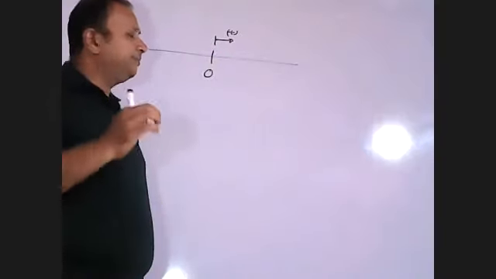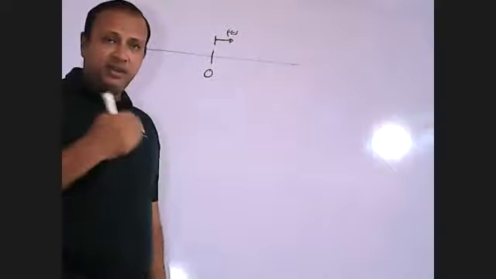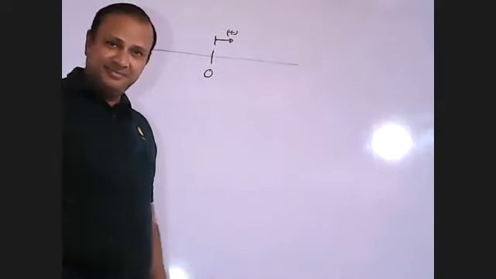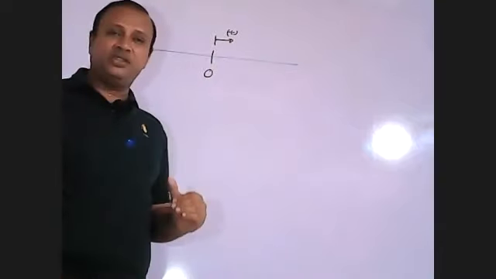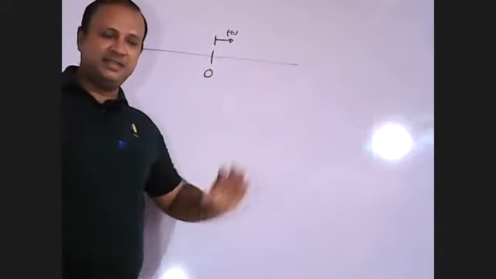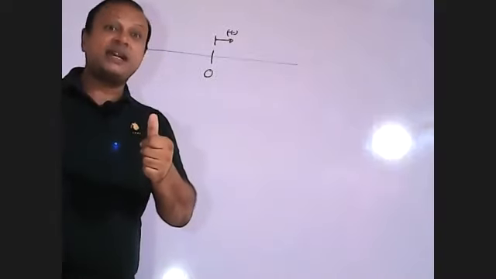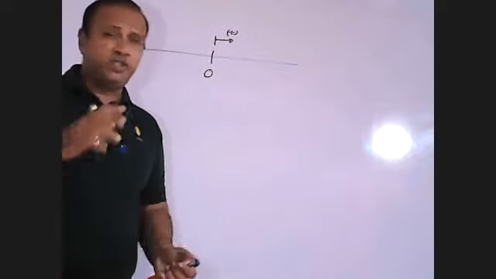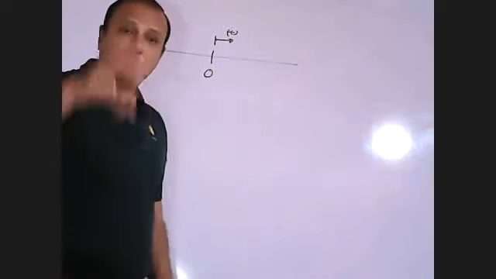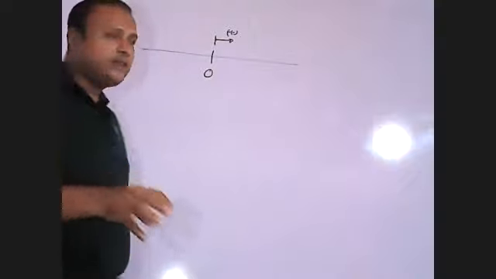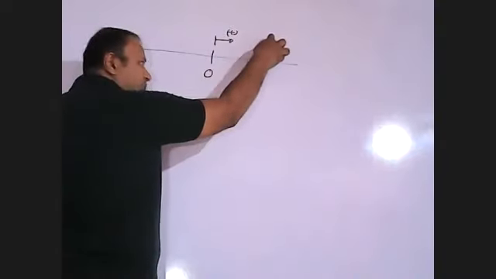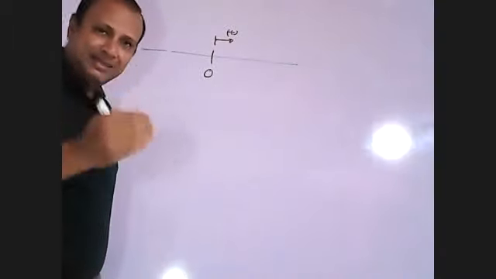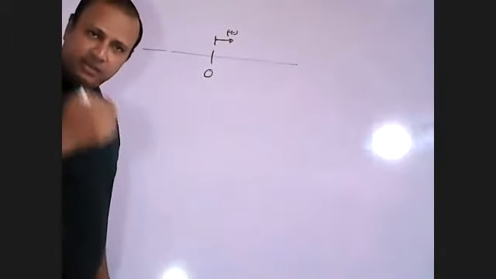Then, after defining these two, what should I do? We have to describe those three factors. The first factor is the current position. The current position means whether the particular object is on the positive side or on the negative side.